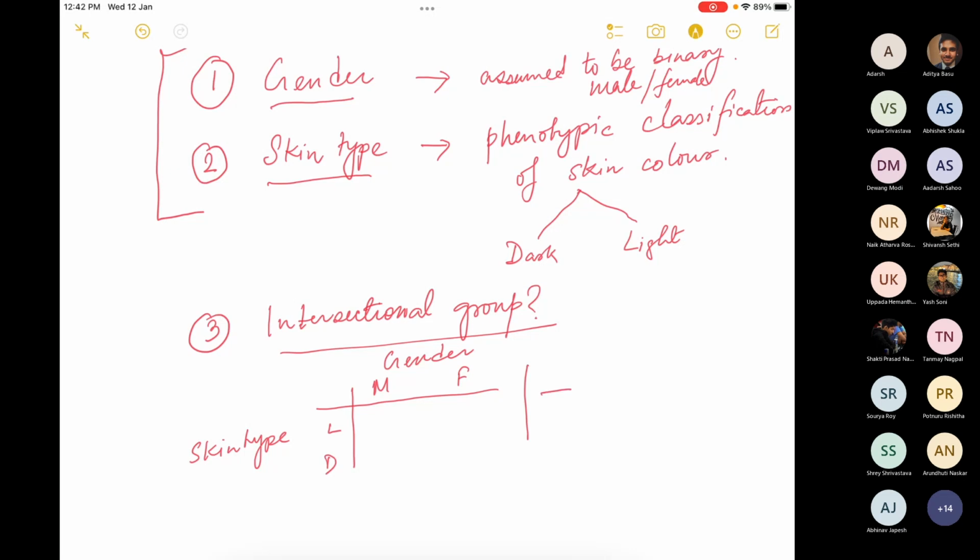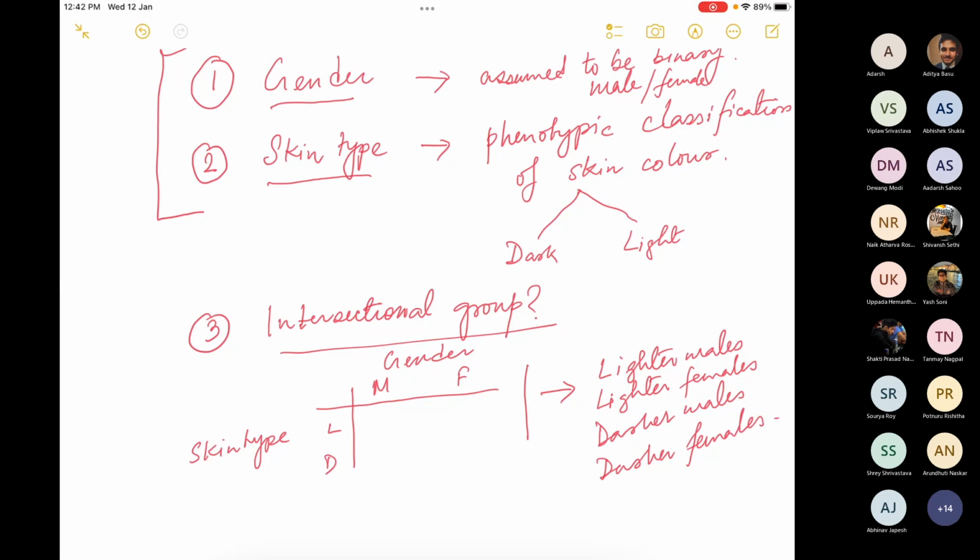Basically, the intersectional groups are lighter males, lighter females, darker males, and darker females. The entire audit they performed was around these four intersectional groups.